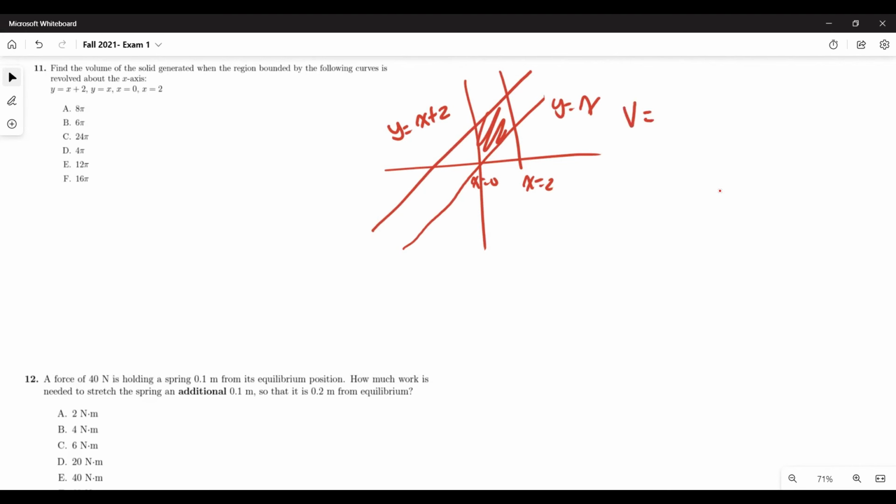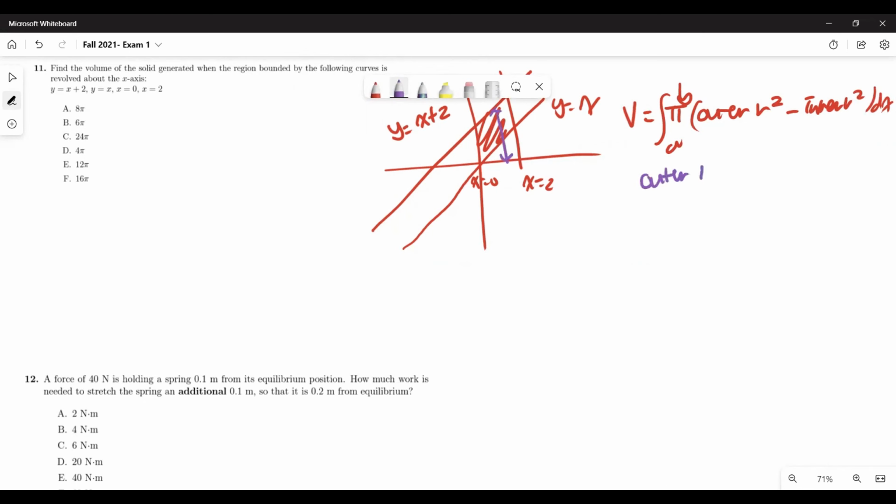The washer method is V equals pi times outer radius squared minus inner radius squared, dx from a to b. So in here, our outer radius would be this line.